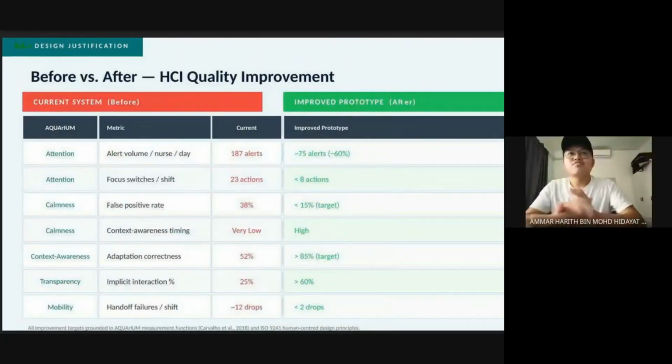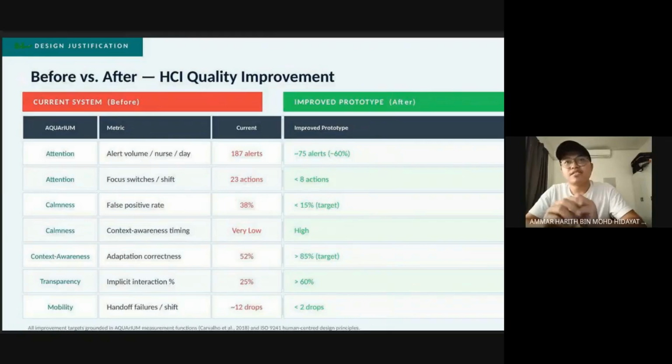Okay, thank you, Muaz. Now let's look at the concrete evidence behind our design decisions and clinically meaningful results. This part compares the current AQUArIUM system against our improved prototype, organized by the AQUArIUM quality dimensions: attention, calmness, context awareness, transparency, and mobility.